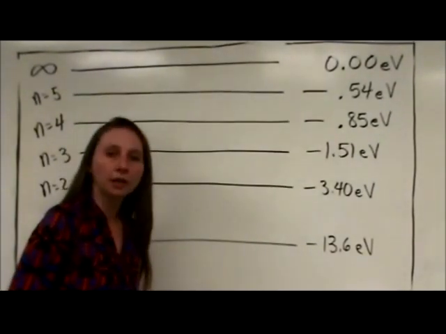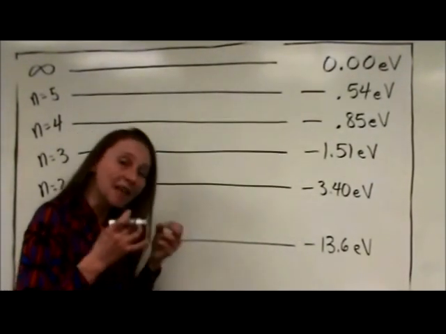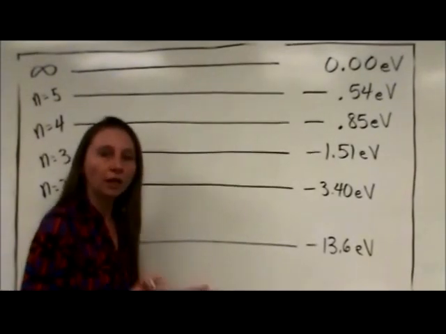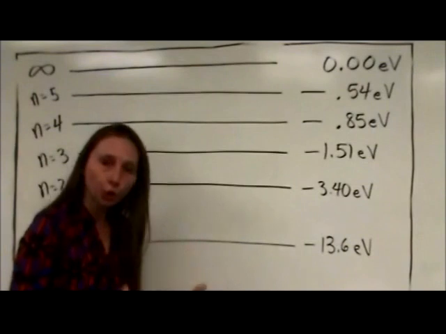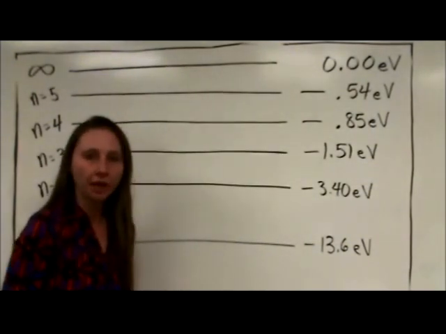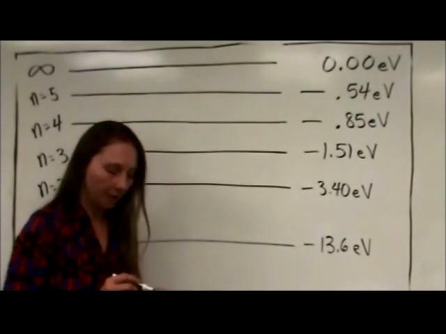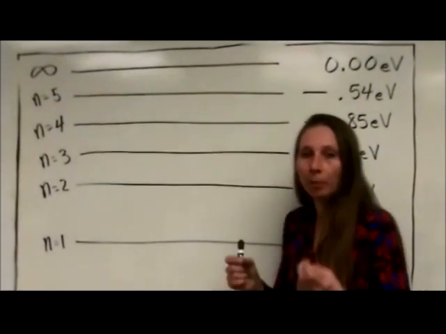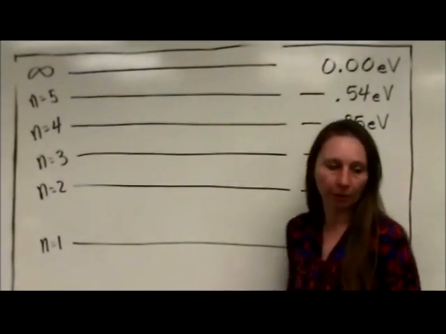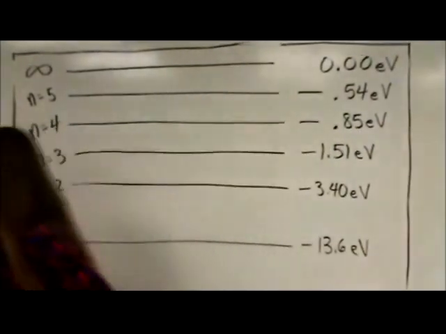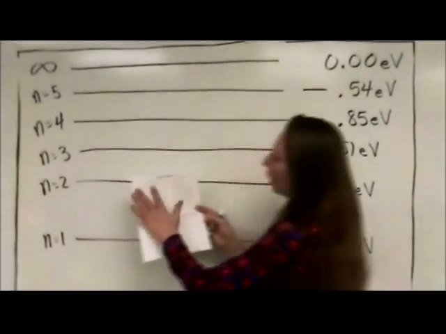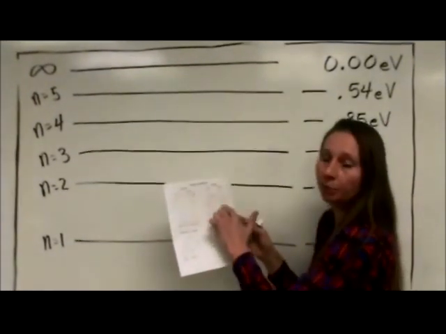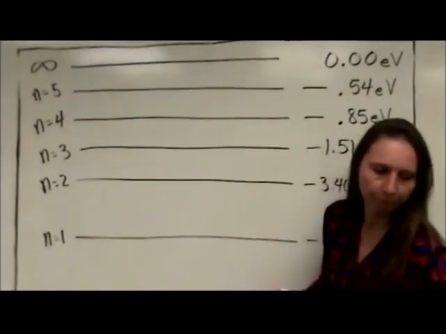I'd like to talk a little bit now about the type of light that is emitted when electrons fall to specific energy levels in the hydrogen atom. Again, what I'm talking about now only applies to the hydrogen atom, the chart on the left side of your energy level diagrams. This does not apply to mercury on the right.